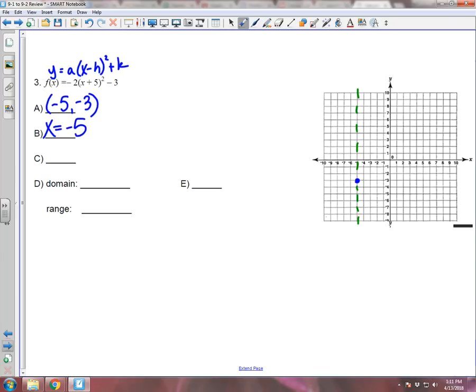Somebody tell me why it has to start with an X. Not really. No. Why is it X equals and not Y equals?